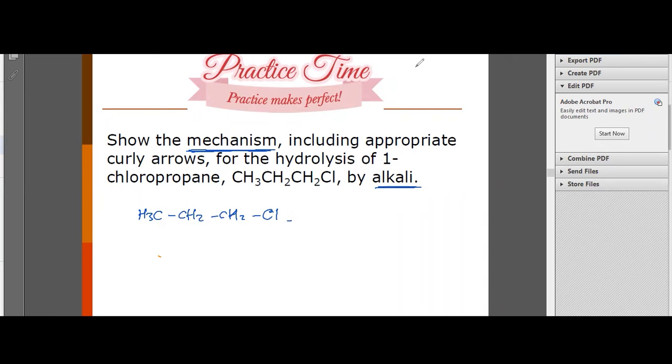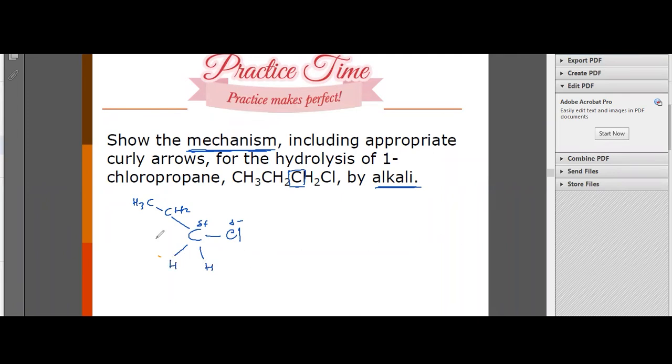So you should change this diagram by showing how the C-Cl bond appears in this compound, and then this is our center. Then we have CH2CH3 here, and then there are 2H here.